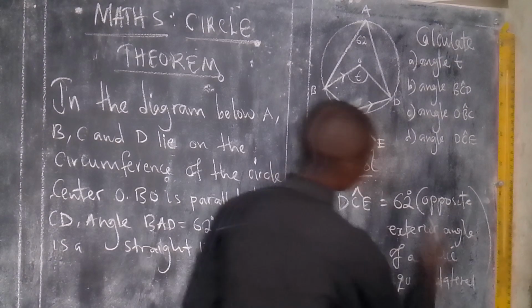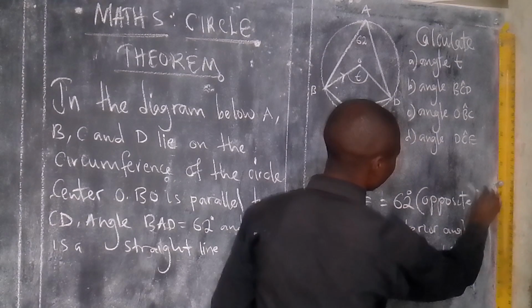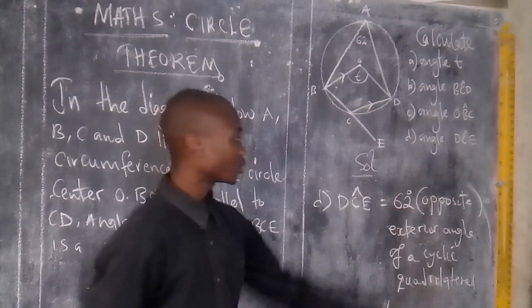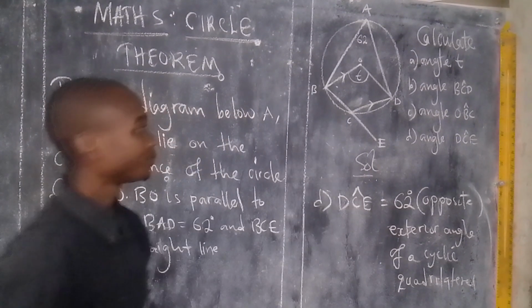So that's what you can put here. So that is the answer. So angle DCE is equal to 62 degrees. And there you're done. See you next time.